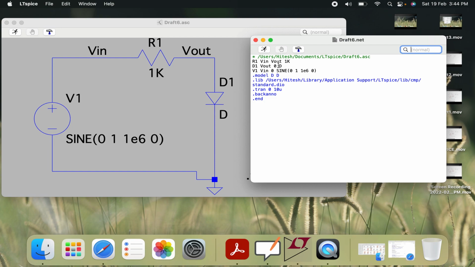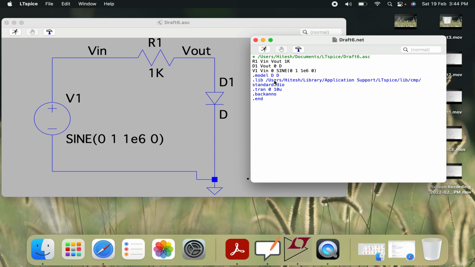Now the only thing is, here you can see there is some sort of variable, that is D, and that model is the one which is defined here in a given library with a given path. What exactly this model does is, equation-wise, every diode might be different in terms of maybe sometimes current, sometimes voltage.